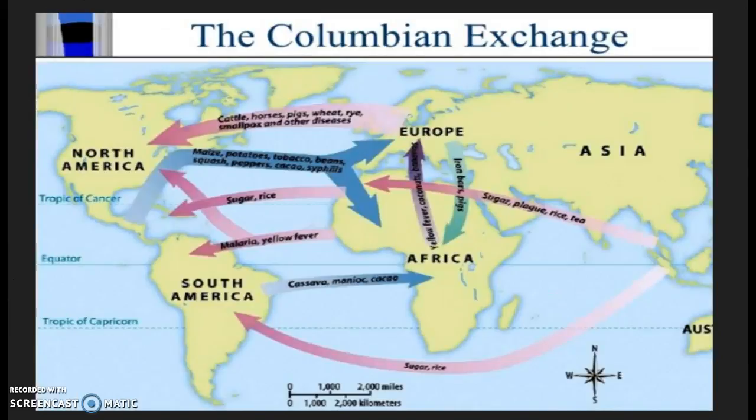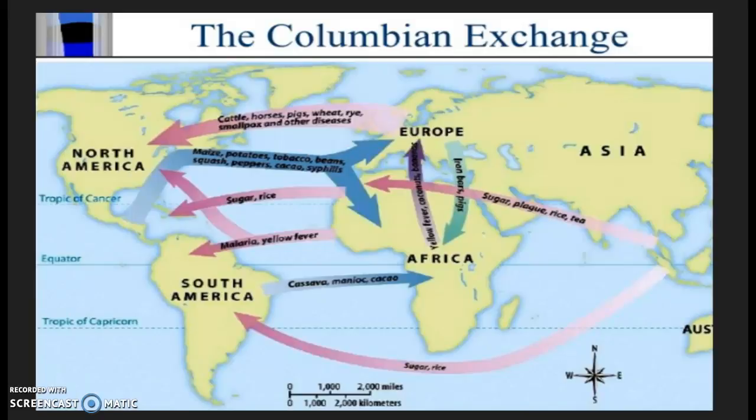This is named after Christopher Columbus, who in 1492 sailed the ocean blue from Spain and landed in the Caribbean and initiated a long, more permanent interest in Europe in what was in the Western Hemisphere. Although Columbus himself was not quite sure where he was.